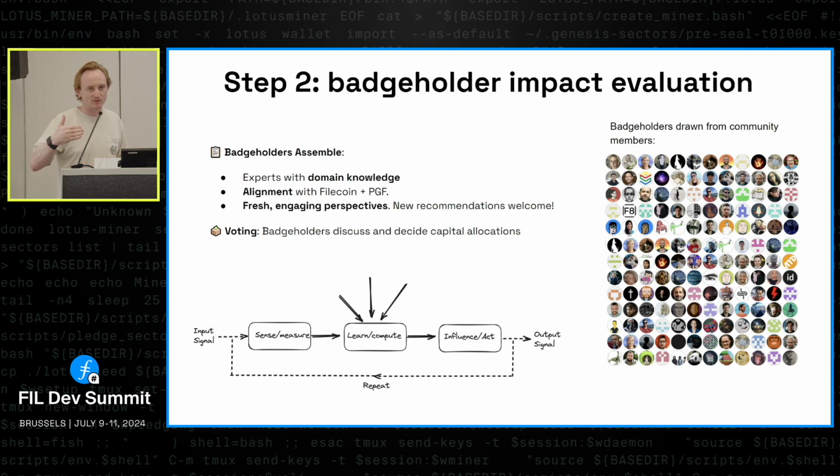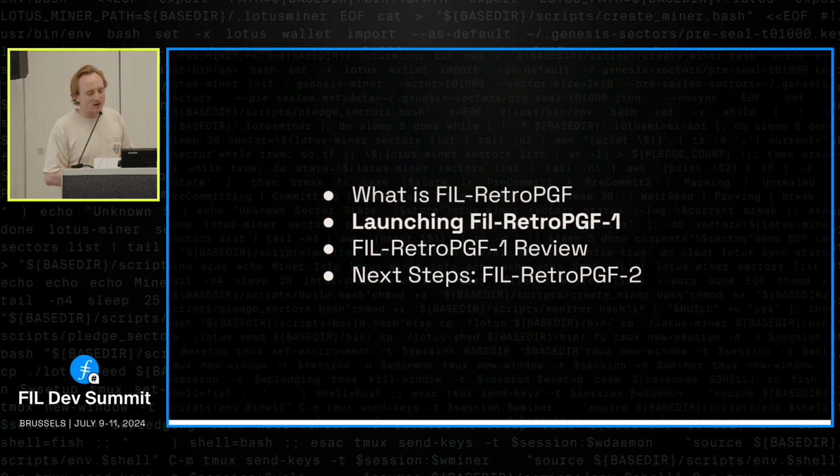And on the basis of the badge holders' allocations, the funds that have been submitted to the program, donated to the program by the funders, these are distributed in order to influence and act as a kind of course determining mechanism for the system at large.